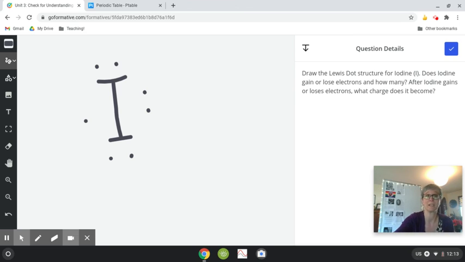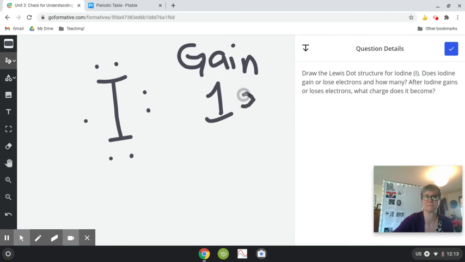It's going to gain 1 electron. So an e-. And if it gains 1 electron, because it needs to have 8, it means it's going to have a -1 charge. All right, almost there.